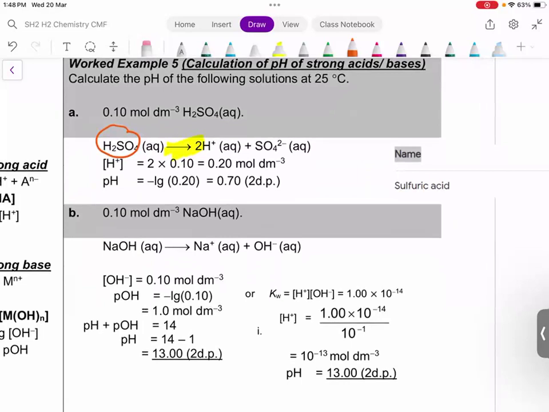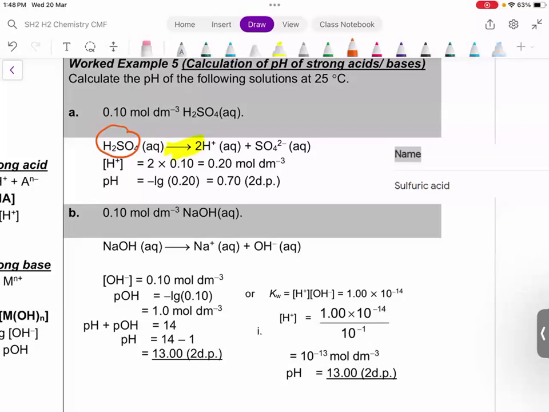Weak polybasic acid, so how do I know it's weak? Because a Ka value is given to you. If I give you Ka values, that implies this is a weak acid, and I only consider Ka1 for calculation of pH. In this sulfuric acid, is a Ka value given to you? No, so it implies a strong acid. If it's a strong acid, you dissociate all, with no need to consider stepwise.